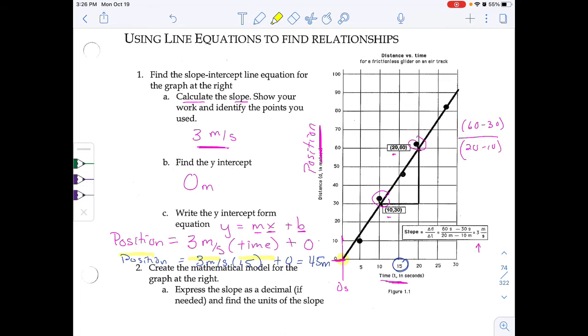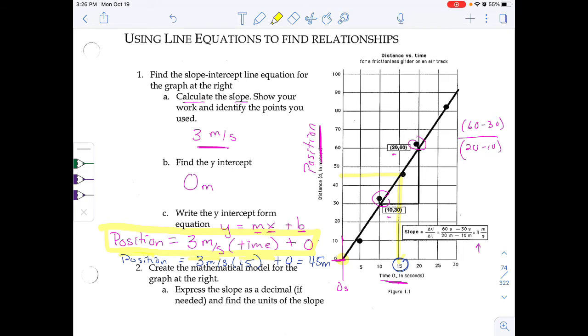Let's double check that. In fact, at time 15 seconds, is our car at about 45 meters? Yes, it is.